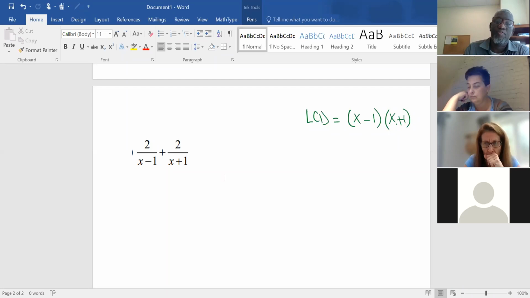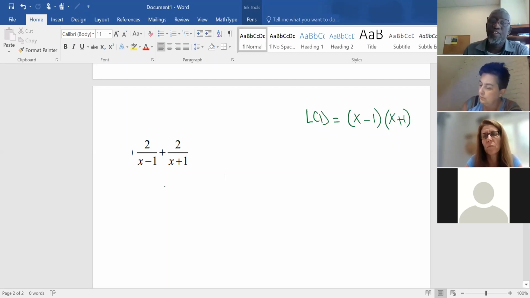All right, since this is my LCD, I need to multiply the first denominator by how much to get the LCD? x plus 1. All right, you see, every time you're going to put the missing piece, right?